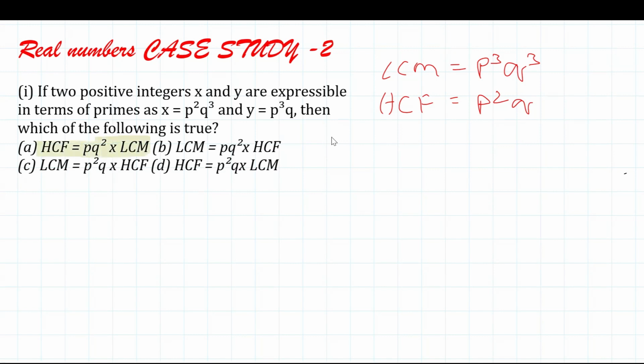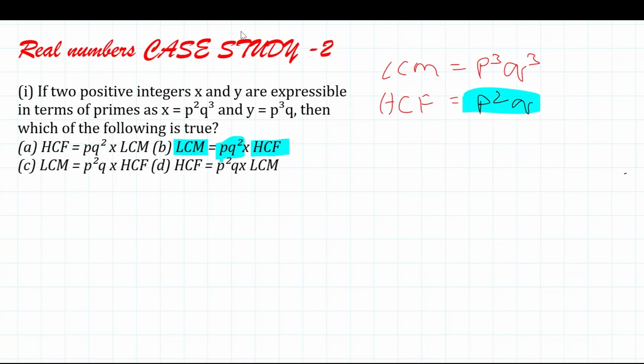It says HCF can be obtained by multiplying pq squared with LCM. So if I multiply pq squared to the LCM, are we getting this? Clearly not. So the first option is not correct. If I read the second one, it says that LCM can be obtained by multiplying pq squared with HCF.